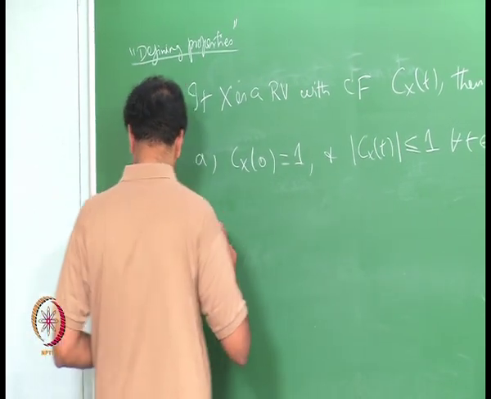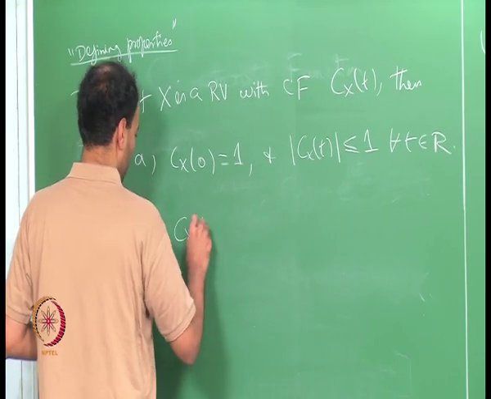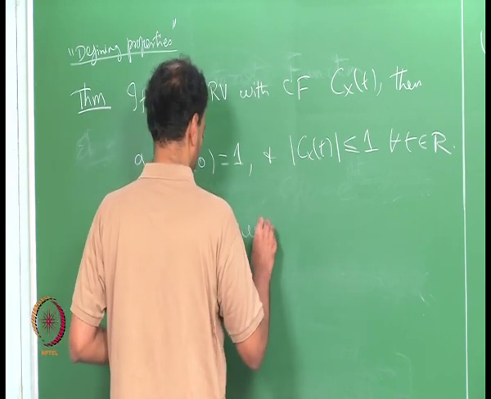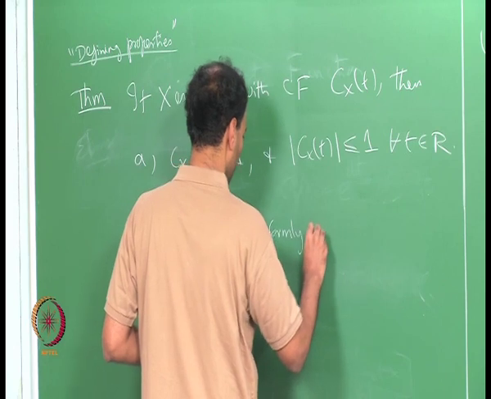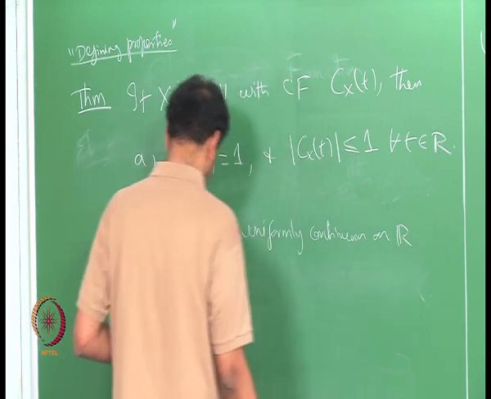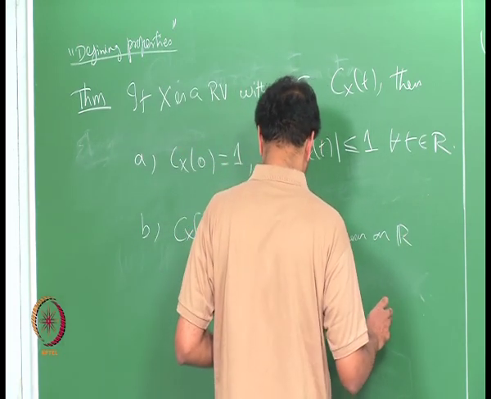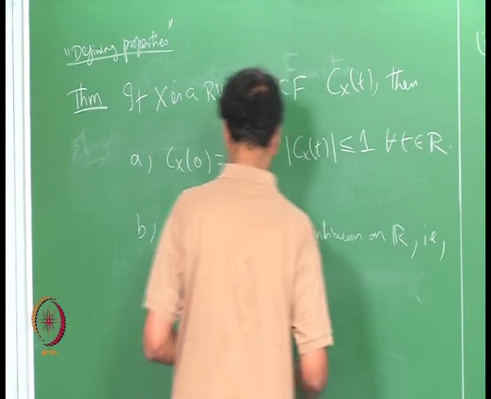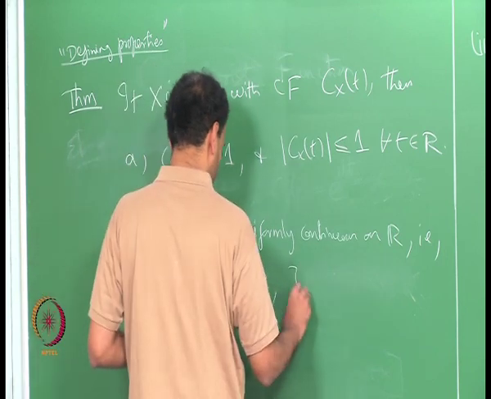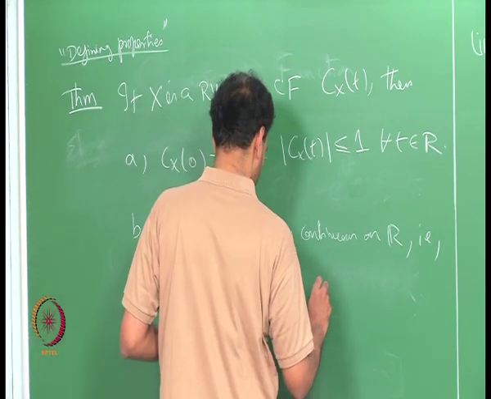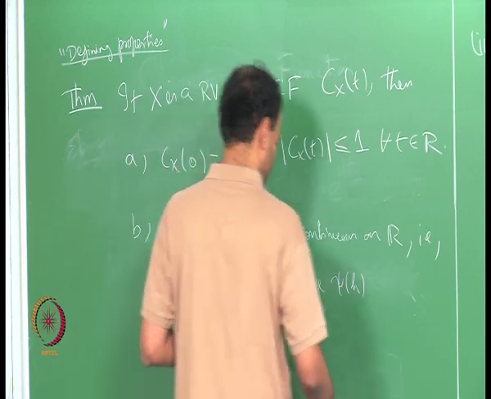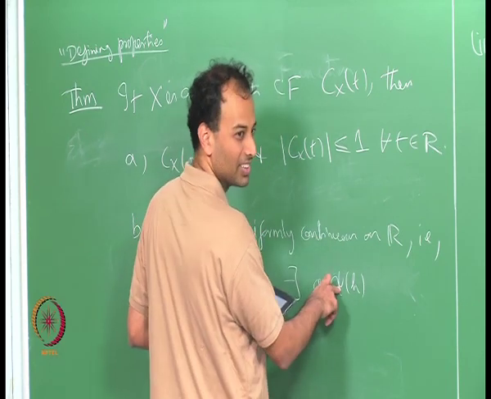B, C x of t is uniformly continuous on R, i.e., for all t in R, there exists a psi of h, this is not the conditional expectation or anything, okay.